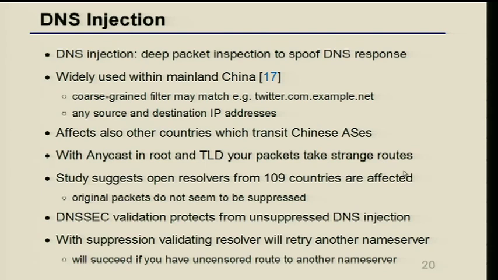However, the current method that is being used in mainland China is very coarse-grained. So for example, when you query for that name, the filter might apply, so you may get a spoof DNS response. And also it doesn't care about source addresses and destination IP addresses. So you query for a blocked domain name, there is some deep packet inspection running on a router, and you get a spoof DNS response.